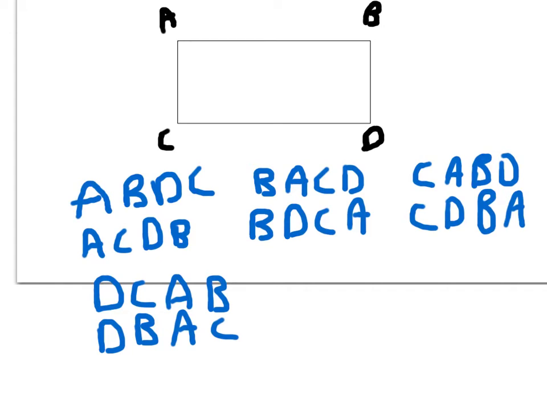If I were to connect those points, A, B, D, C, I'm traveling around the shape. Or B, A, C, D, I'm still going around the shape. Or D, C, A, B. Still going around the shape. I never can cut through the middle. Alright, so that's how we can name polygons.